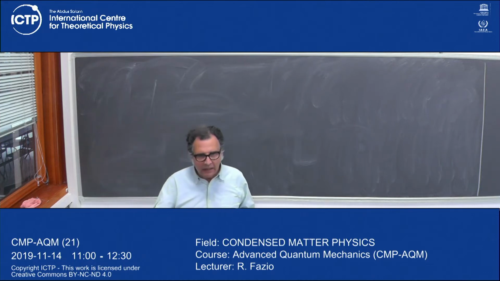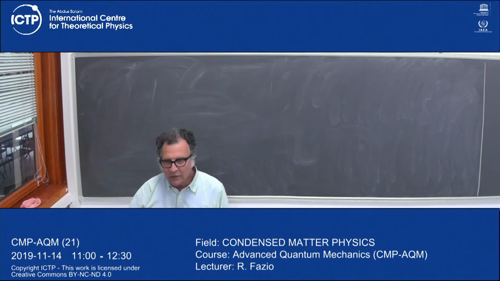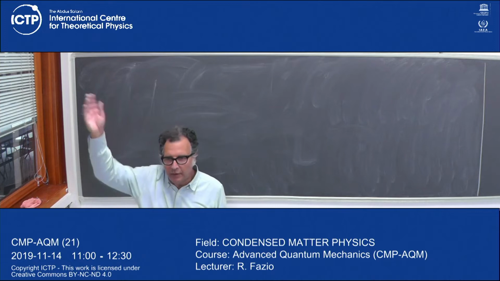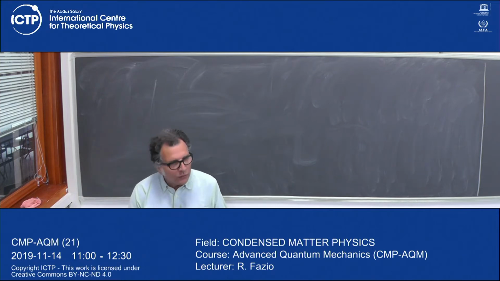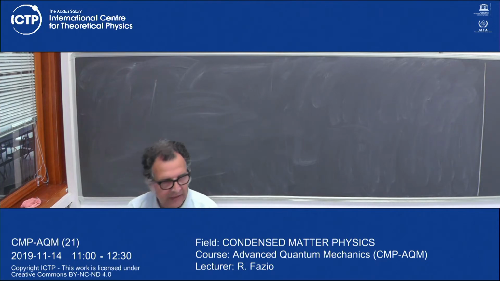It's like saying that you have a guy who is 2 meters tall and an ant which is a fraction of a centimeter, and then you do a perturbation, lambda V, with lambda 10 to the minus 3. That probably is a small perturbation for the big guy, but it's a huge perturbation for the small ant. So I should decide what the perturbation is as compared to some properties of the unperturbed system.